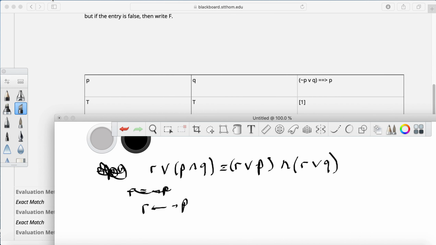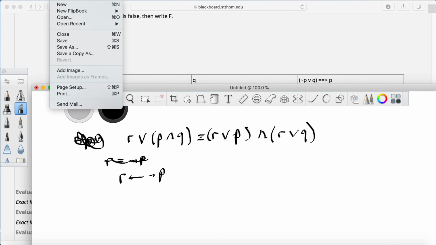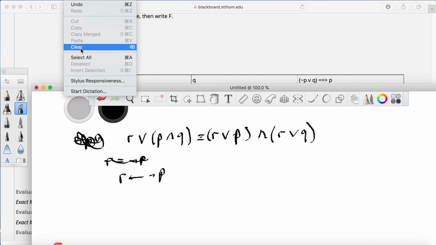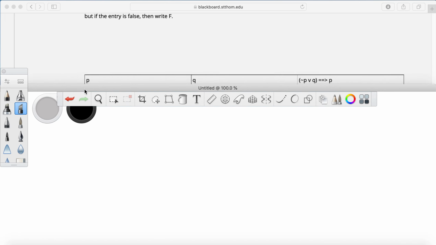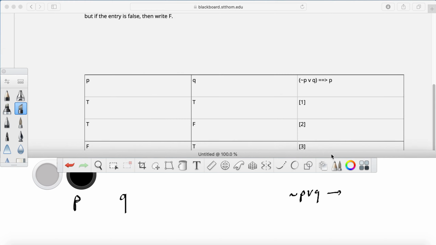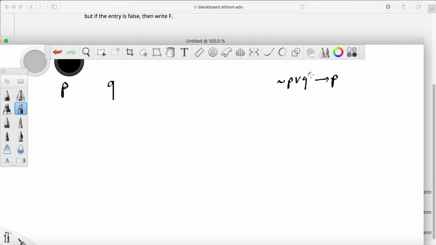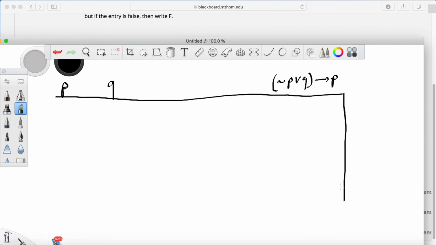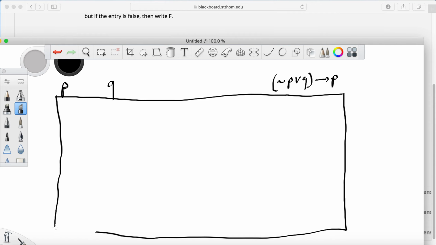We have P, Q, and not P or Q implies P. Okay, so P, Q, and not P or Q implies P. We have two variables, so we're going to need 2 to the 2 rows, 4 rows. So that shouldn't be so time consuming, pretty straightforward.